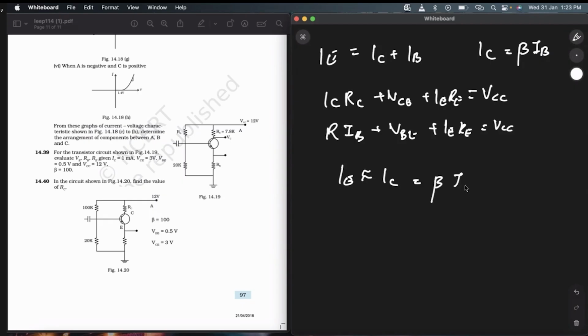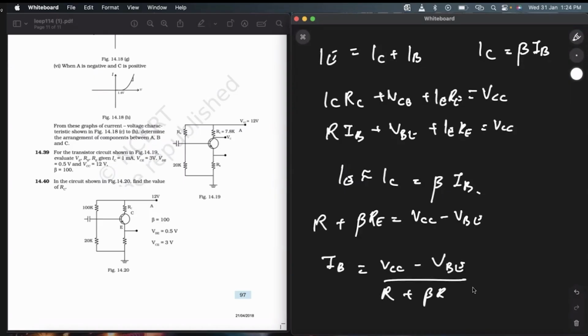Since this is true, it will be equal to beta IB. So R plus beta RE will be equal to VCC minus VBE, and therefore I can write my IB as (VCC minus VBE) upon (R plus beta RE). It will be 11.5 on 200 milliampere.